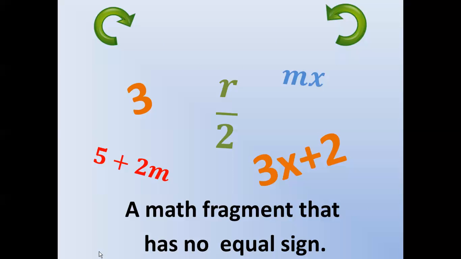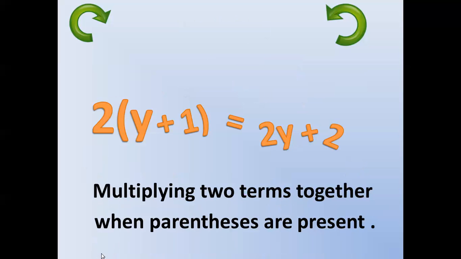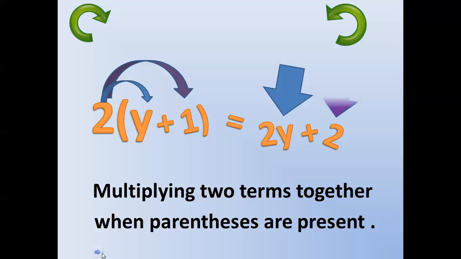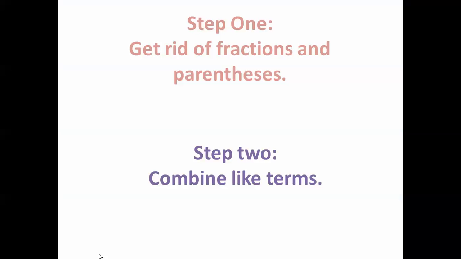This one? And this one. Variable. And this one? Call this the distributive property. And finally, terms with the same variable and exponent are like terms.